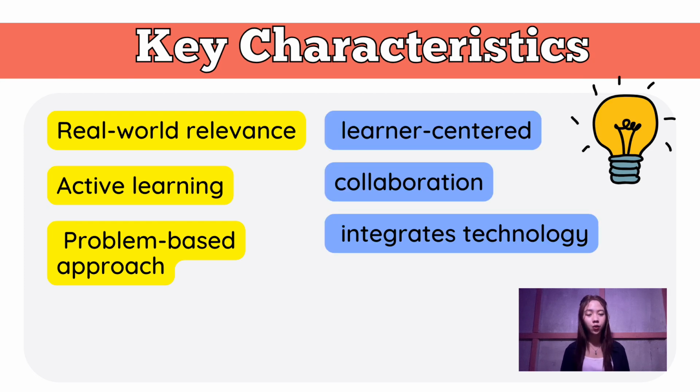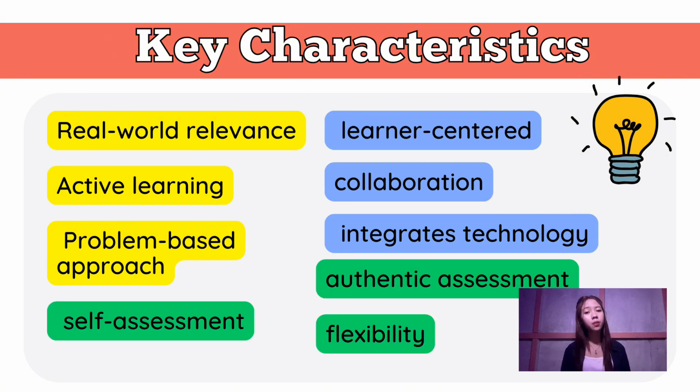It encourages collaboration and integrates technology for enhanced engagement. It also promotes self-assessment, flexibility, and authentic assessment, ensuring that students apply knowledge in practical contexts. This approach prepares the learner for real-life challenges, making education dynamic and applicable.